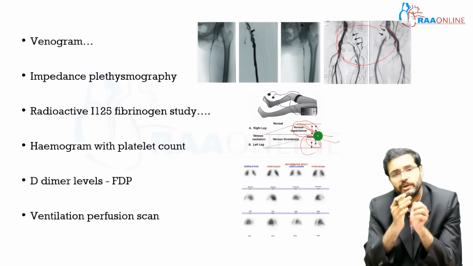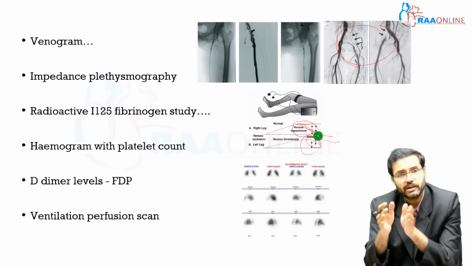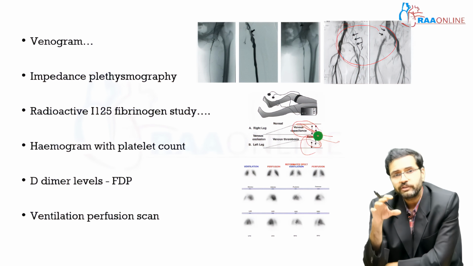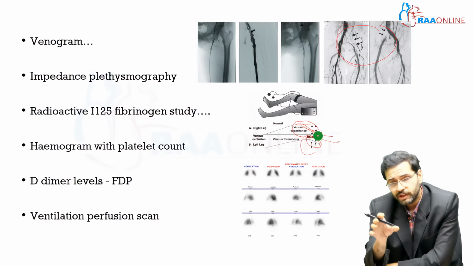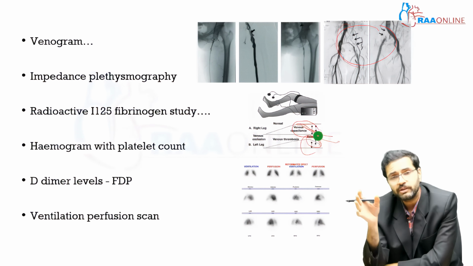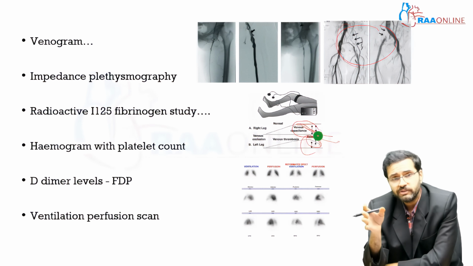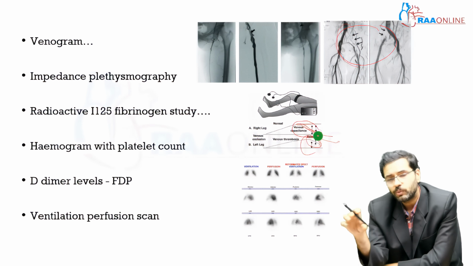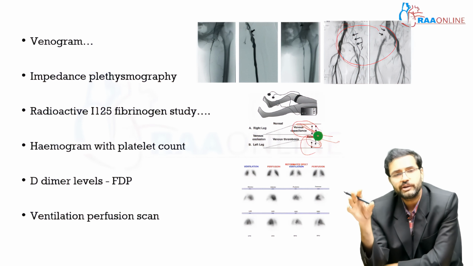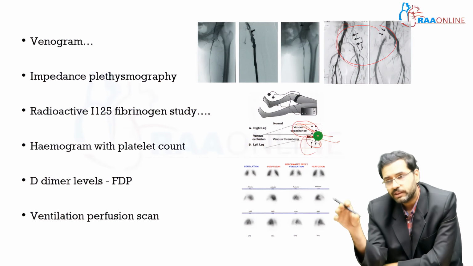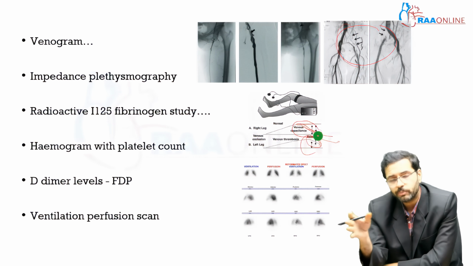This is done pre-operatively, and then assessments are done at regular intervals in the post-operative period, in the lower limb from below upwards. Persistence of high radiation levels in the lower limb, or accumulation of radioactive iodine-125 in the lower limb in the post-operative period, would denote the presence of a thrombus.